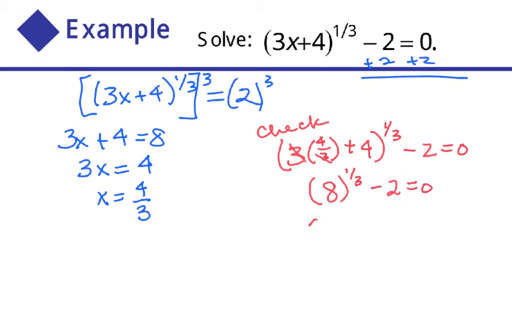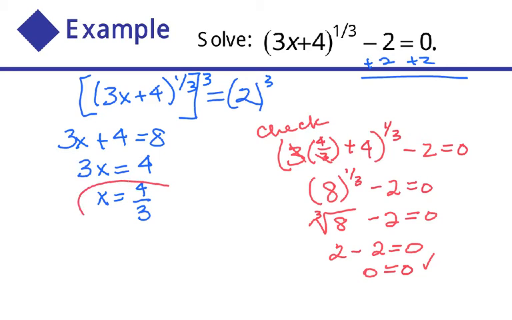Well, this is the cube root of 8 minus 2 equals 0. And the cube root of 8 is 2. So 2 minus 2 equals 0. 0 does in fact equal 0. So this is the solution of the equation.